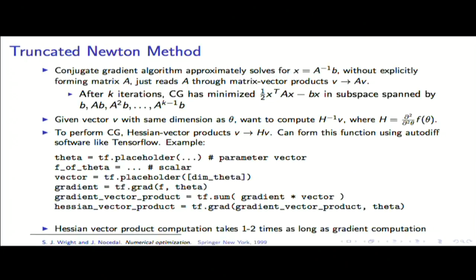And then when you get that vector, you would evaluate H inverse V. So V is the vector you're getting from this. Actually, you're trying to solve for H inverse V. So you're solving the equation H times X equals V.